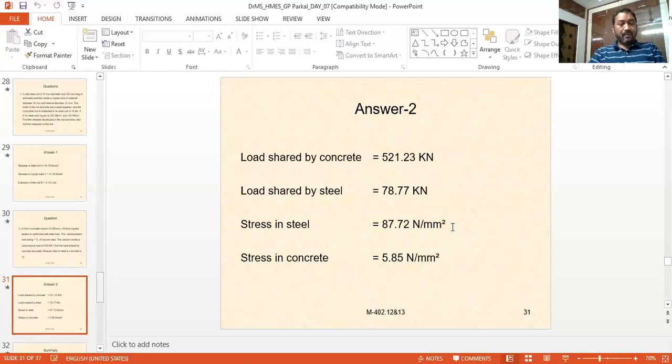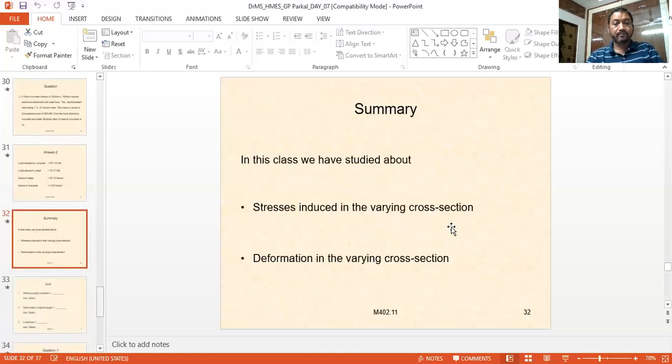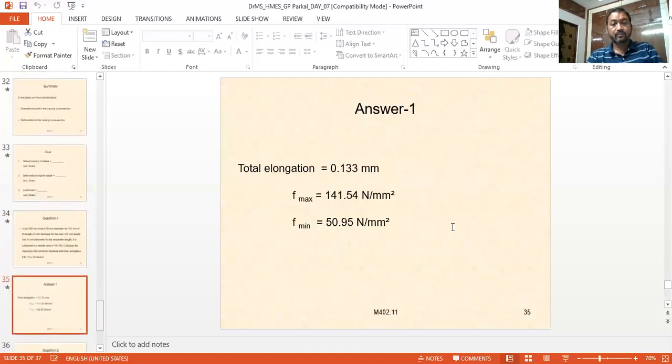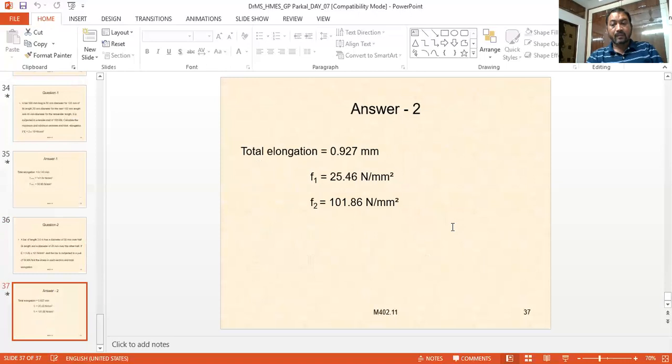And coming to the stresses, the stress developed in the steel is much higher than the stress developed in the concrete. And like this, we can calculate.